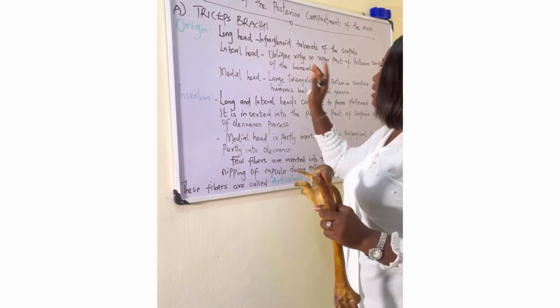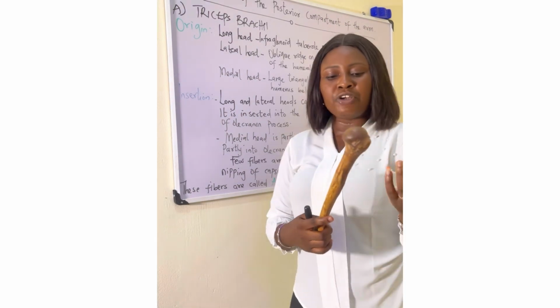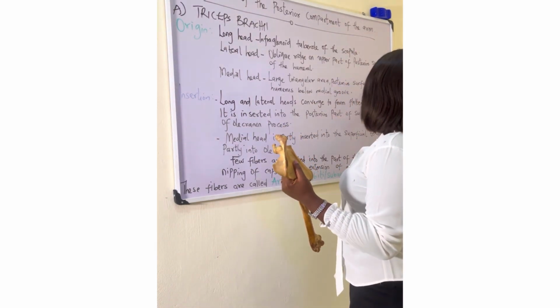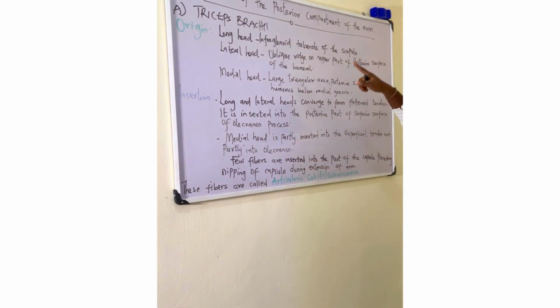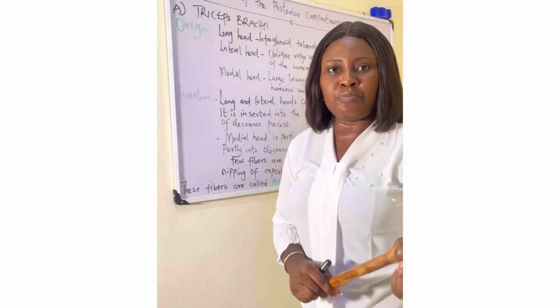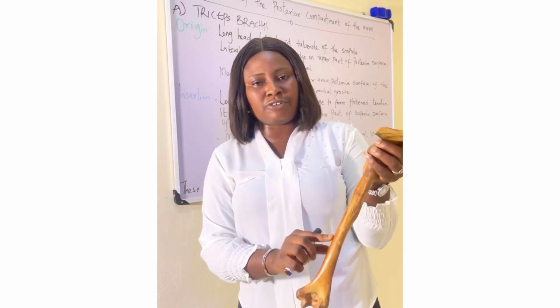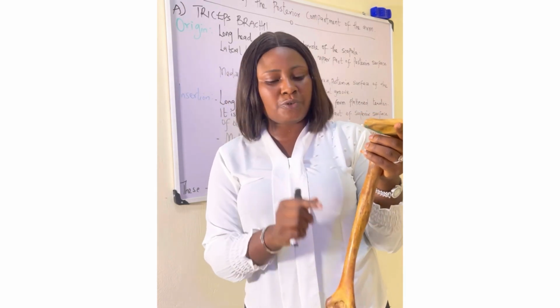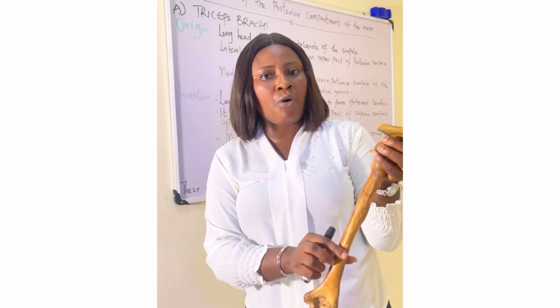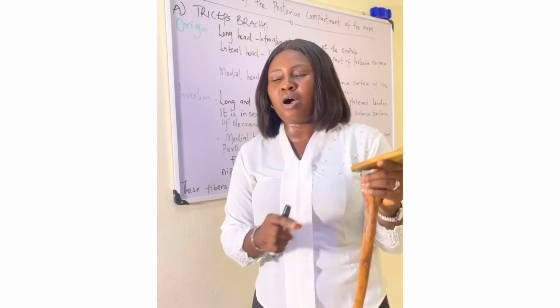Now the next one is the lateral head. The lateral head originates from the oblique ridge on the upper part of the posterior surface of the humerus. Remember when I was talking about the humerus, I said the humerus has three surfaces: the anteromedial, which is between the anterior border and the medial border; the anterolateral, which is between the anterior border and the lateral border; and then the posterior surface.